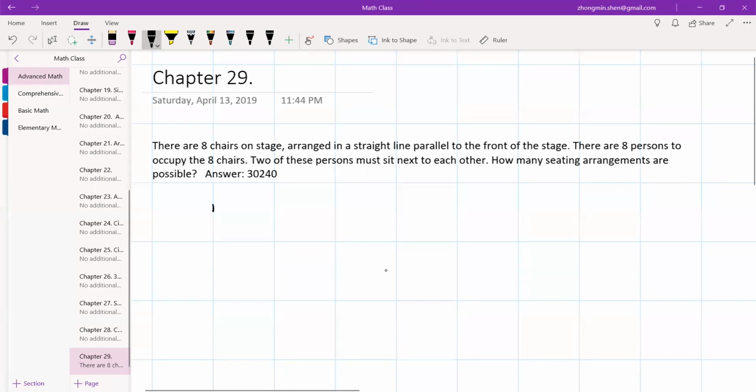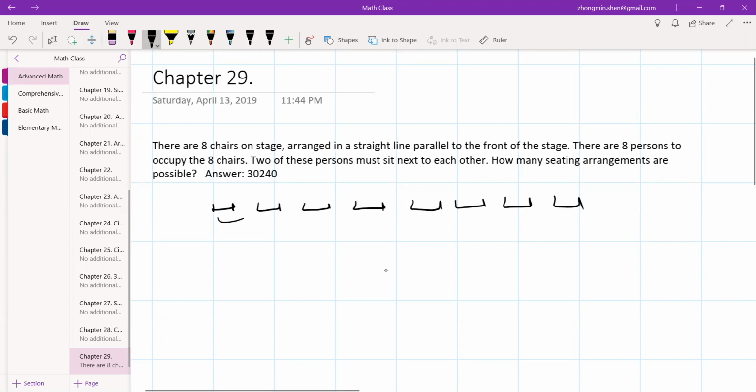So you have 8 seats. 1, 2, 3, 4, 5, 6, 7, 8. So you're going to make arrangements. Those 2 persons must sit next to each other, so you have to select a pair of chairs next to each other first and put those 2 people there.